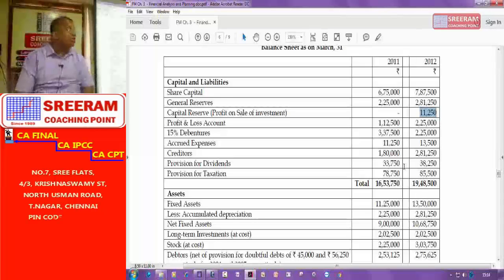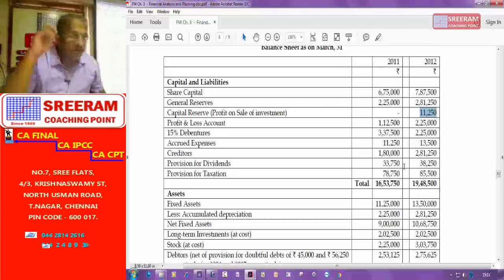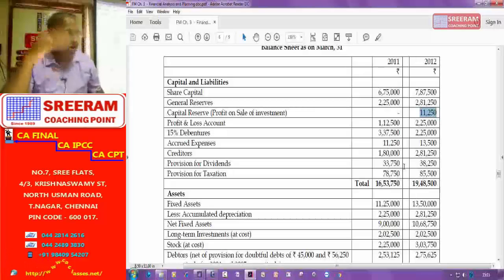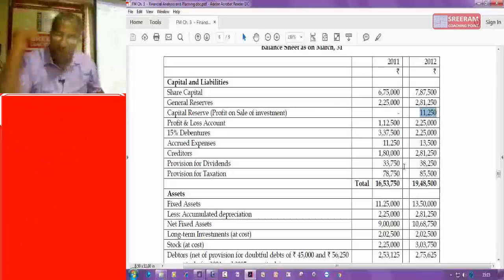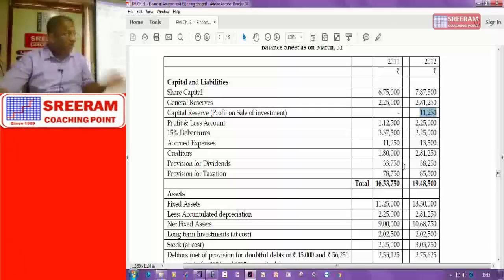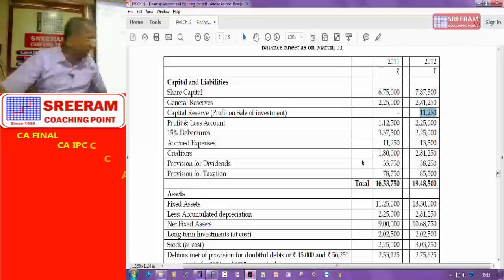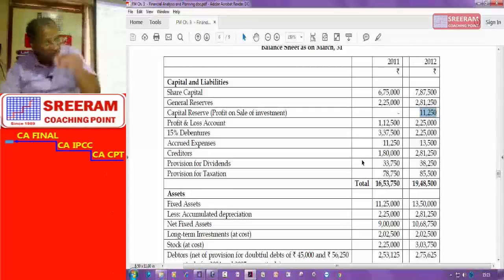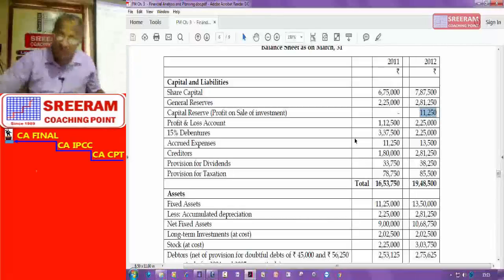How come 1,01,250? 90,000 plus this. So sale of investment will find place in fund flow statement on the source side only. Then purchase of investment costing rupees 90,000 will appear on the application side in full. So sale value will be 101,250, whereas purchase of investment will take place at 90,000.